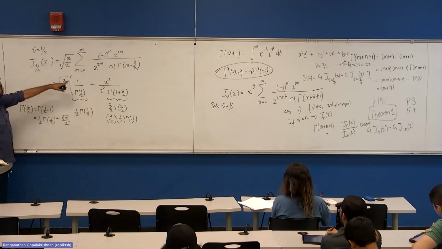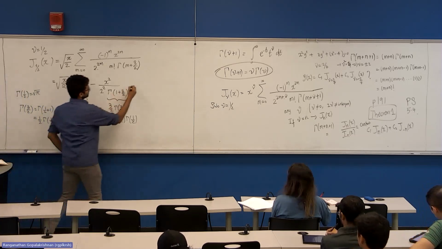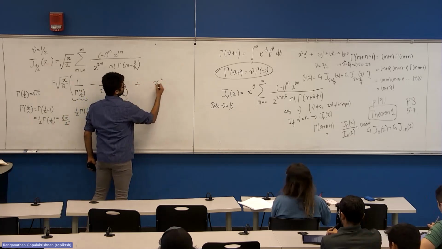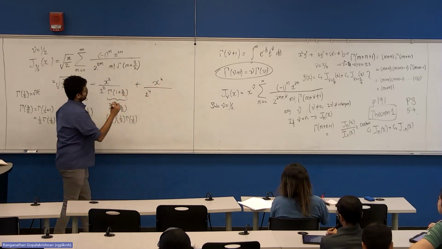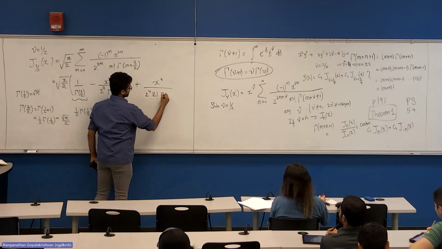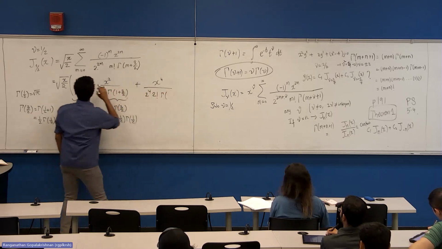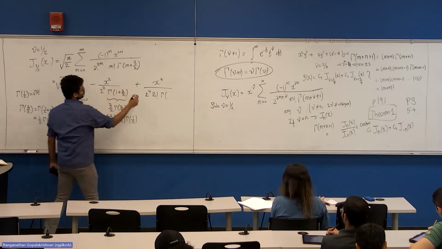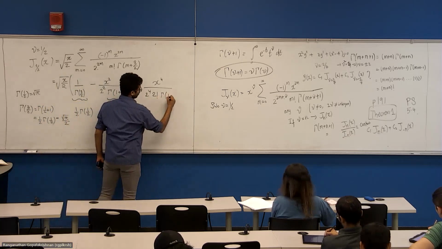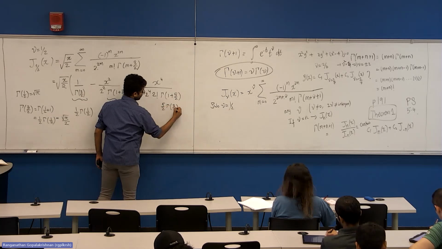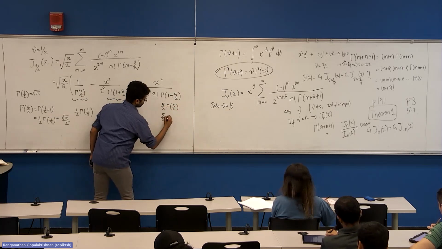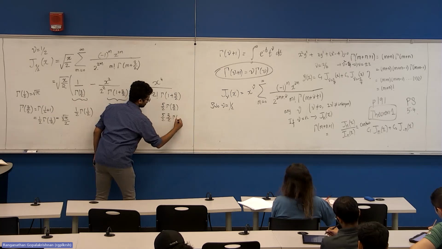What is the third term? Can you write down? Plus x to the 4, 2 power 4, 2 factorial times gamma of 2 plus 3 by 2, which is 5 by 2 times gamma of 3 by 2, which is 5 by 2 times 3 by 2 times gamma of 1 by 2.